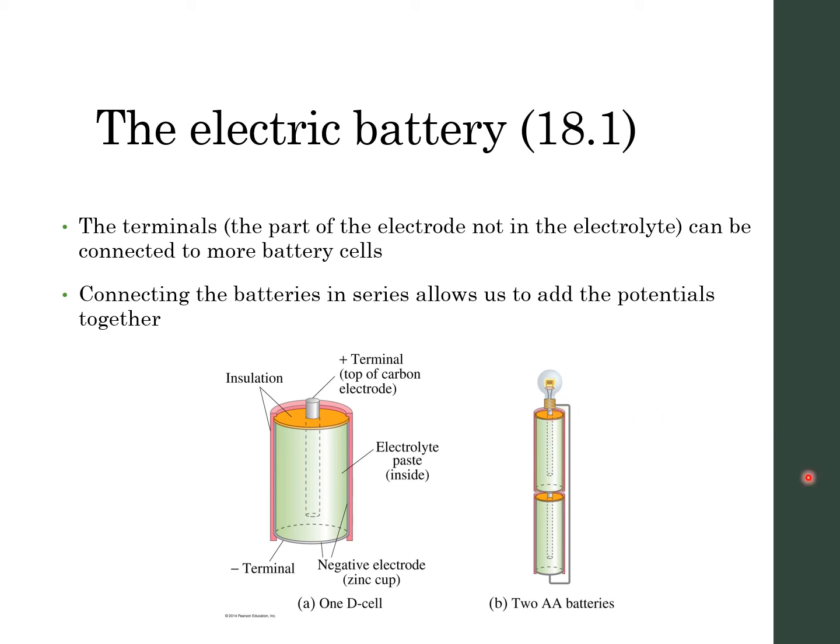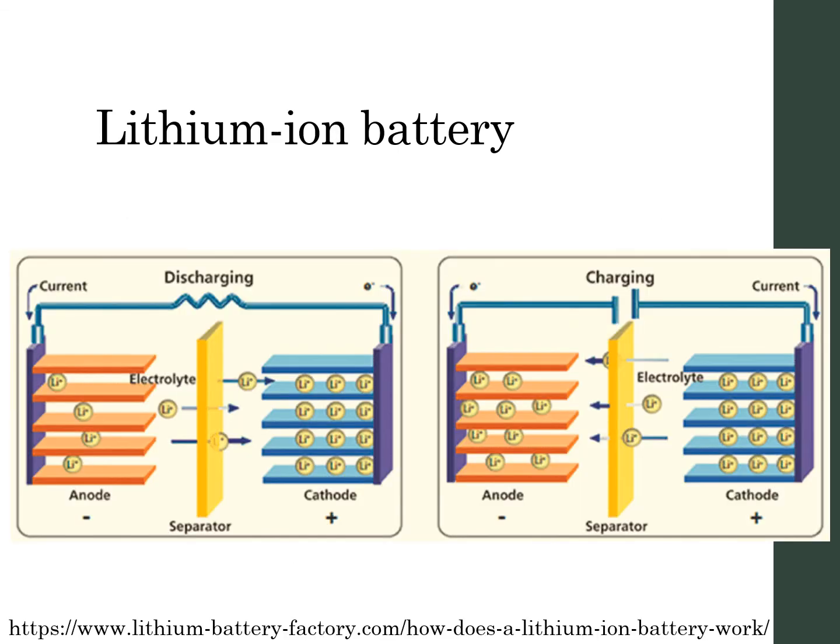So if you have two 9-volt batteries and you line them up like this, you add the two potentials, 9 plus 9 would be 18. But again, we'll come back to adding up our potentials a little bit later when we start building up circuits a lot more in the next couple of lectures.